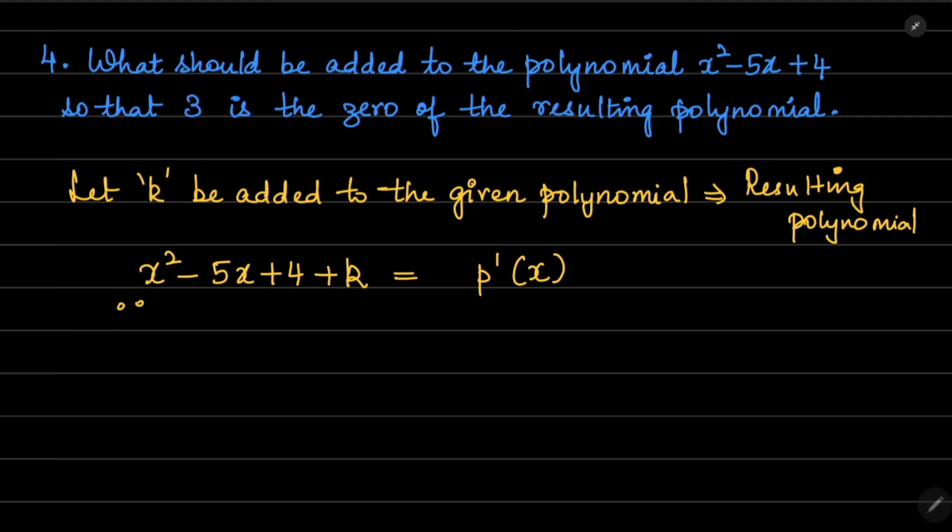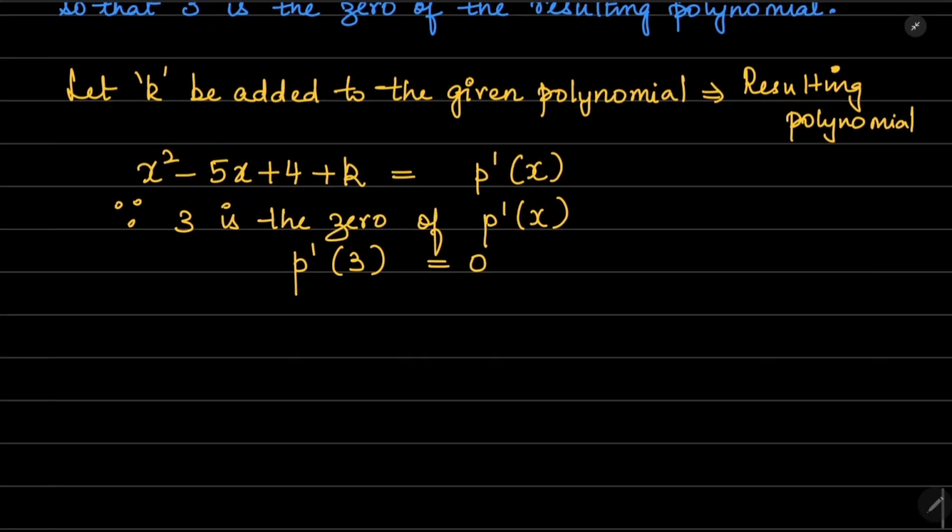Now, since it's given that 3 is the zero of your resulting polynomial, therefore, p dash of 3 is equal to 0. In place of x, just put 3. So 3 square minus 5 multiplied by 3 plus 4 plus k equal to 0.